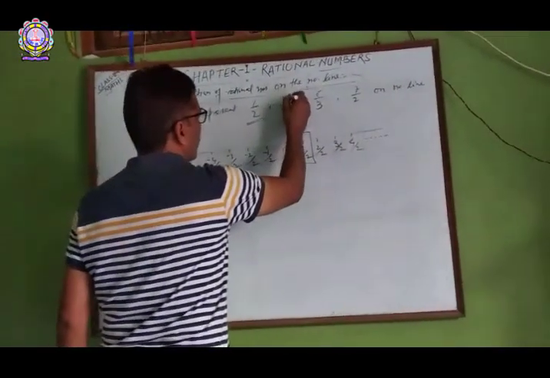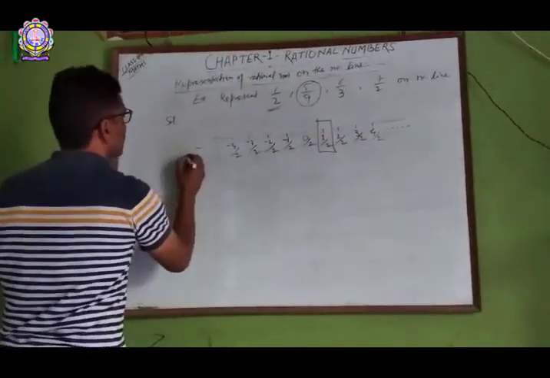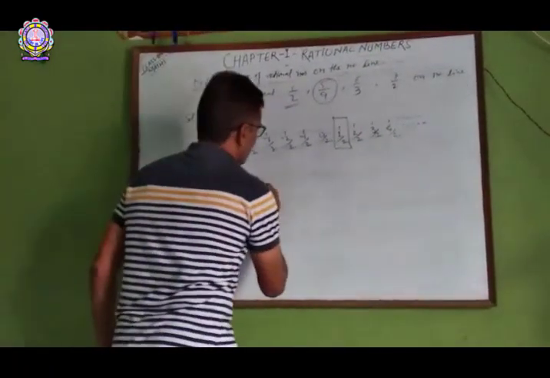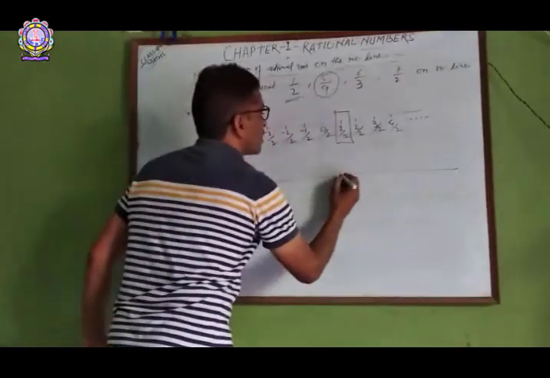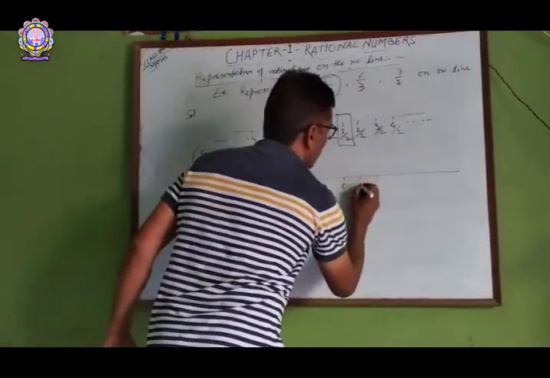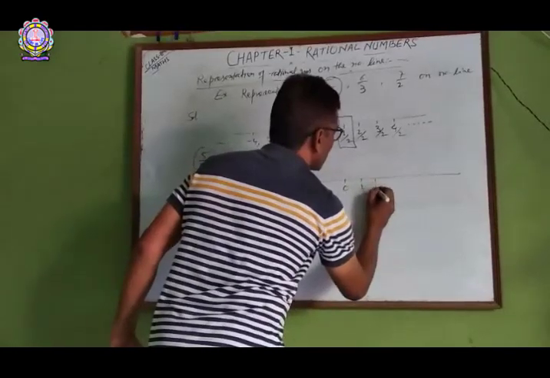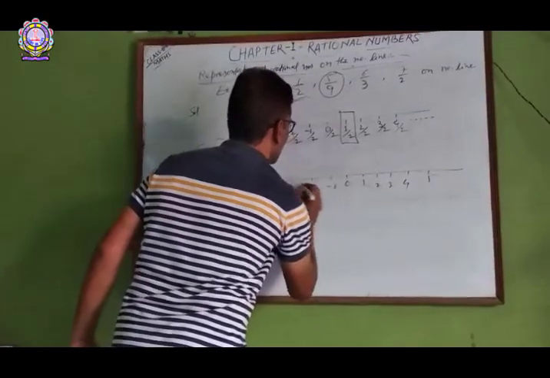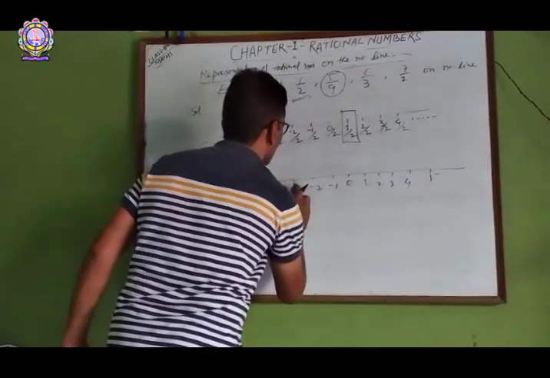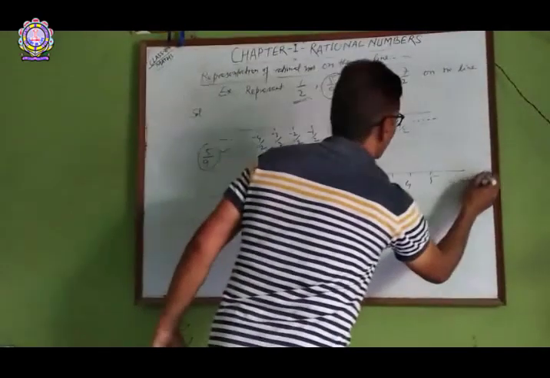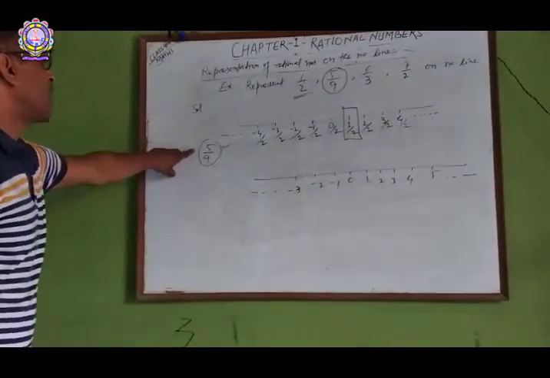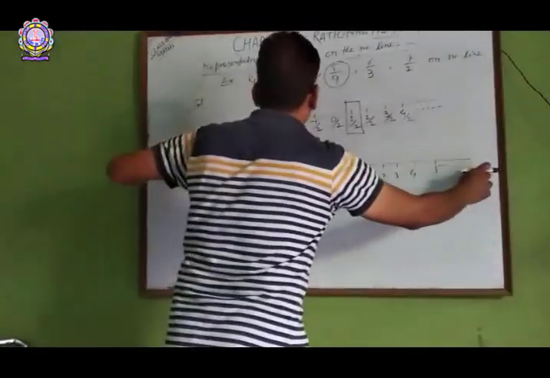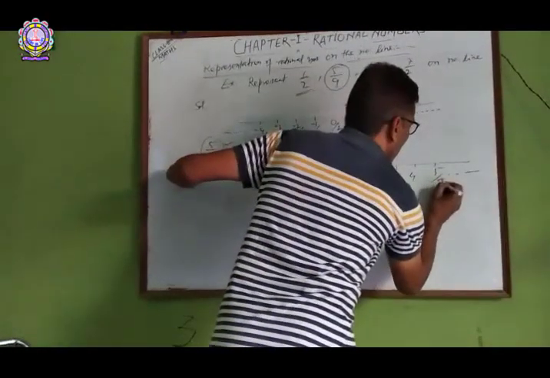If you want to plot the number 5/9 on the number line, draw a line like above. 0, 1, 2, 3, 4, 5, -1, -2, -3 and so on. If you want to plot 5/9, here the denominator is 9, so divide all these numbers by 9.